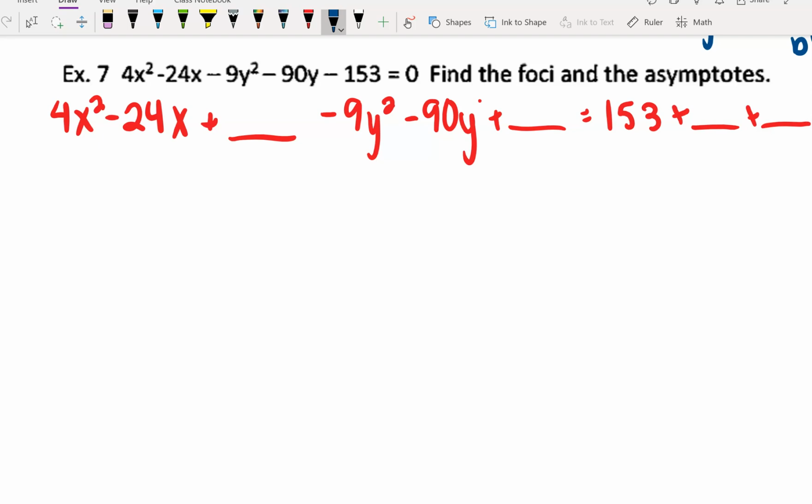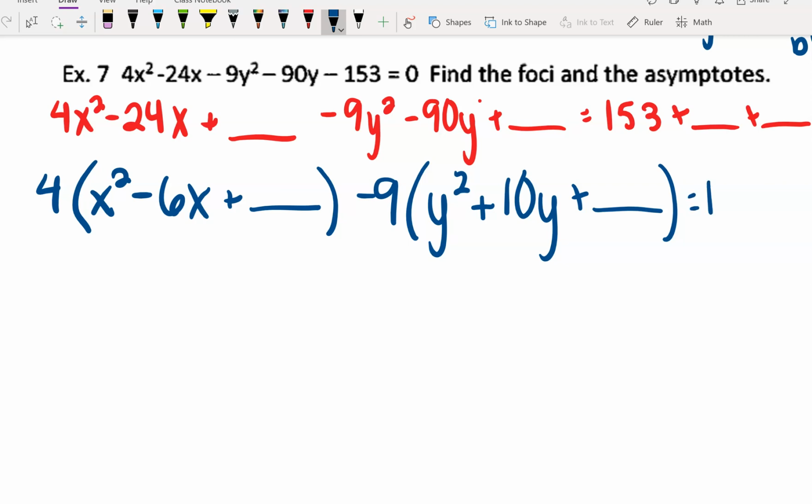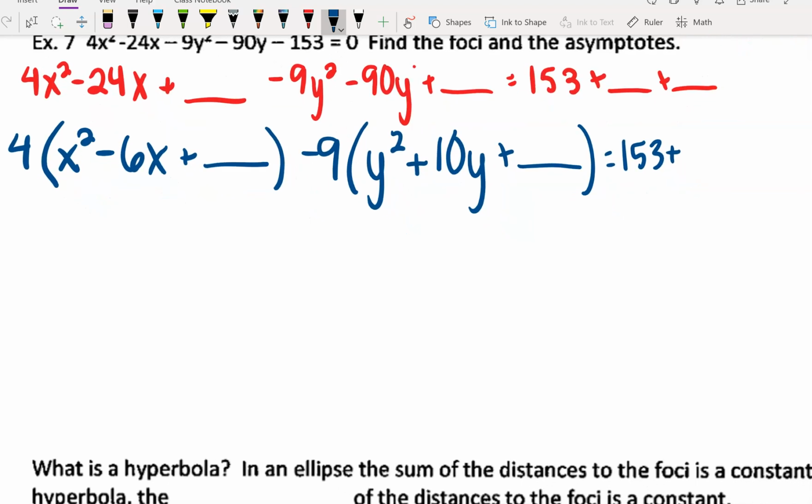So I need to factor out the 4. This is just going to be x squared minus 6x plus blank. And then on this one, I'm going to factor out the negative 9. Always factor out the negative. So we'll be left with y squared plus 10y, because when we factor out a negative, that will become positive, plus blank equals 153 plus blank plus blank.